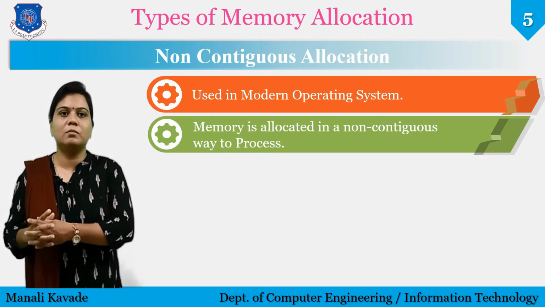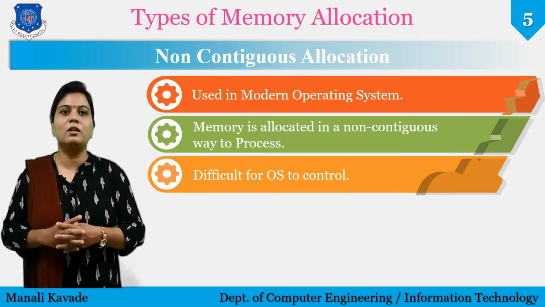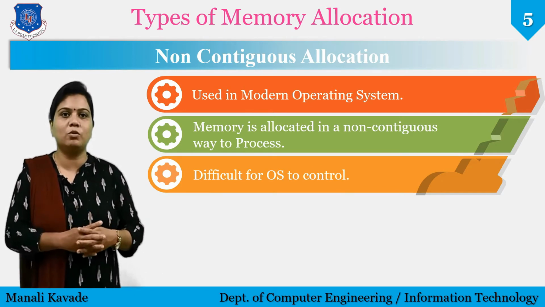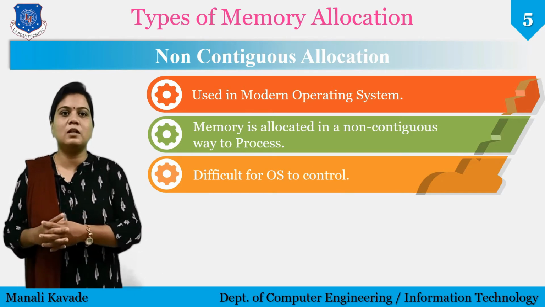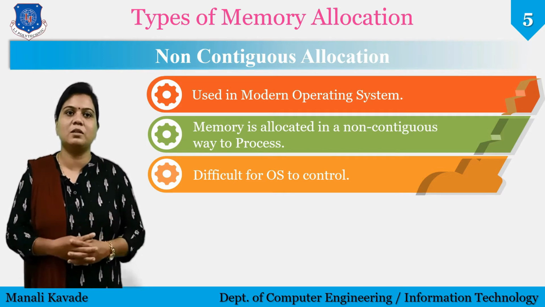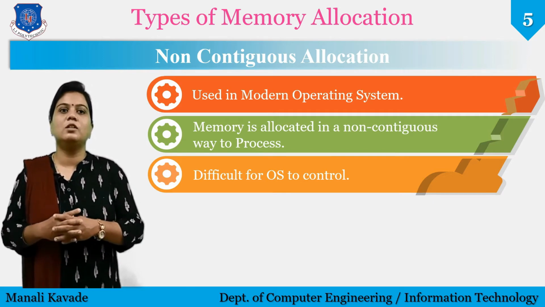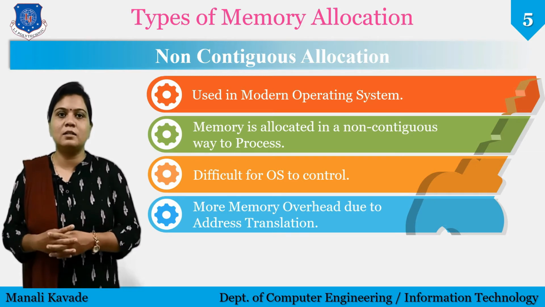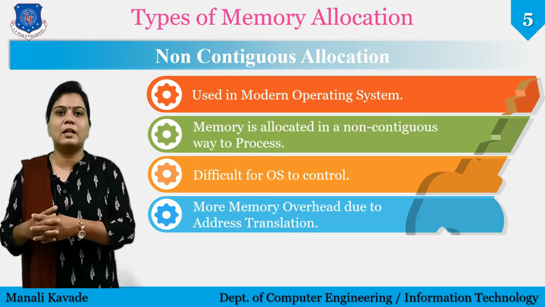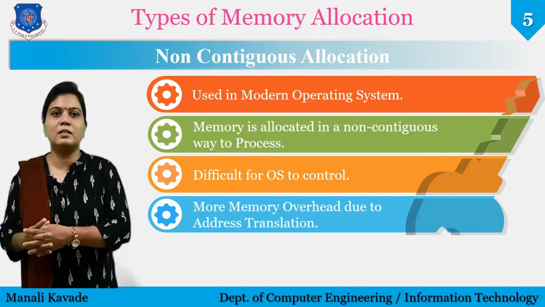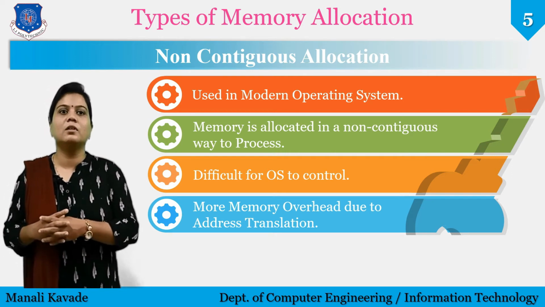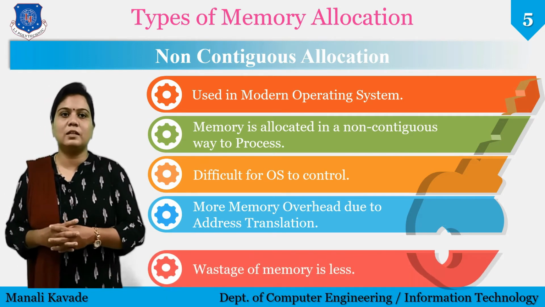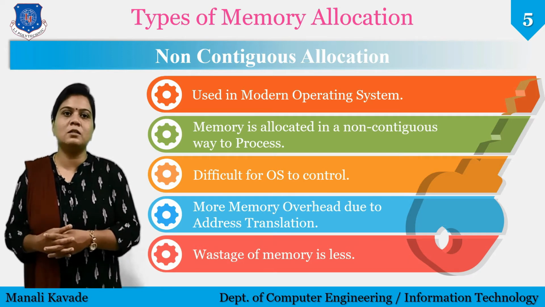This method is difficult for operating system to control as memory is allocated in non-contiguous manner. Using this technique, there is more overhead as we have to translate addresses every time. In this technique, wastage of memory is less.